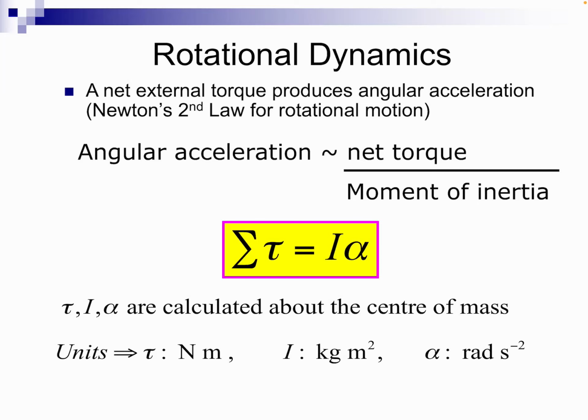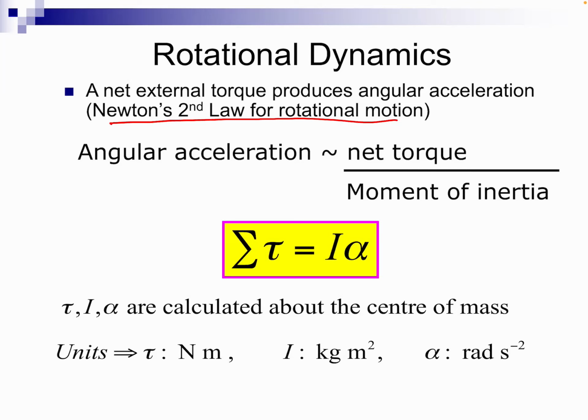So to put everything together, if we write down Newton's second law of motion for rotation, the angular acceleration will be proportional to the net torque and inversely proportional to the moment of inertia.